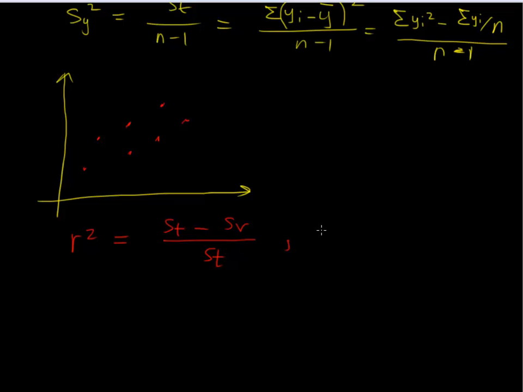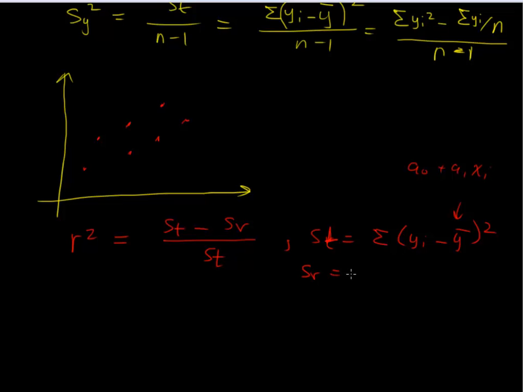Here SR is similarly defined to SE. ST is the sum of yi minus y bar squared from before, and then SR is when we replace this y bar, instead of using the mean of the data, with the model, which is a0 plus a1 times xi.